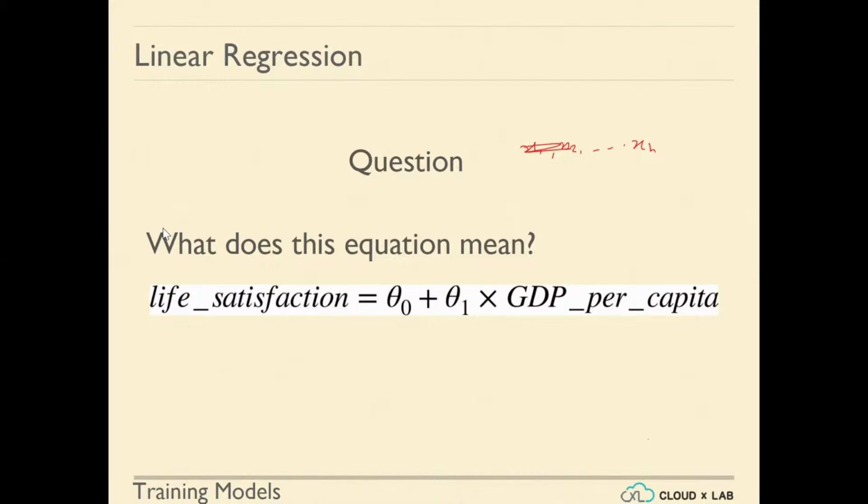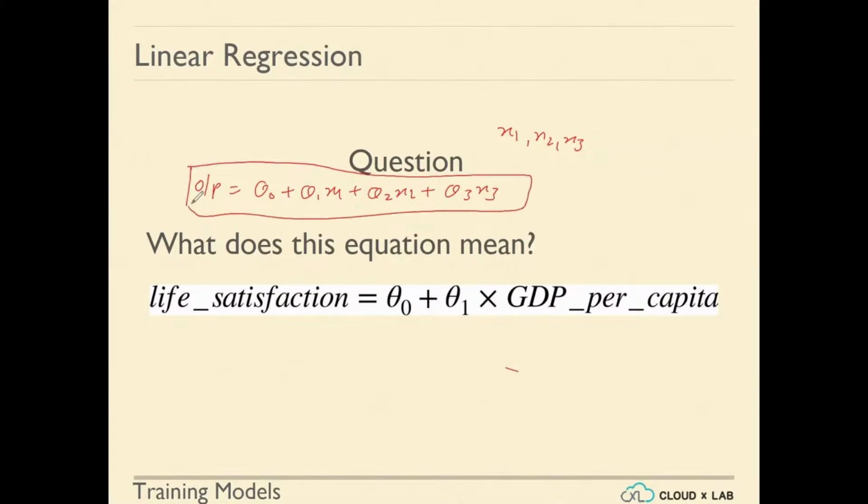Then can you tell me the equation of the plane or hyperplane in this case? Yes, the output will be theta 0 plus theta 1 times x1 plus theta 2 times x2 plus theta 3 times x3. So this will be the linear model, right?